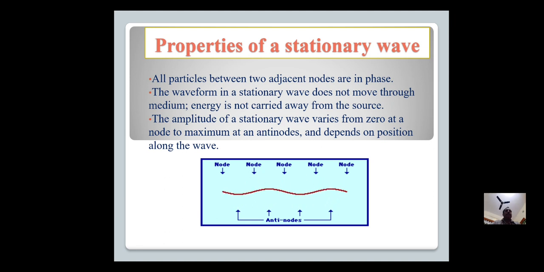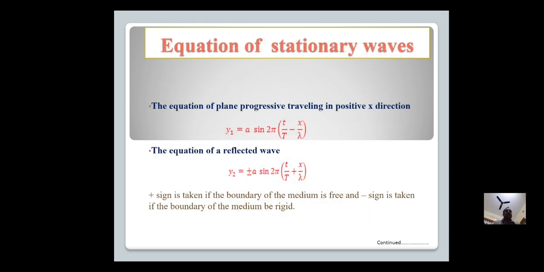The amplitude of a stationary wave varies from 0 at a node to maximum at an antinode and depends on position along the wave. Again in this figure we see that the positions of nodes and antinodes remain fixed in the medium.